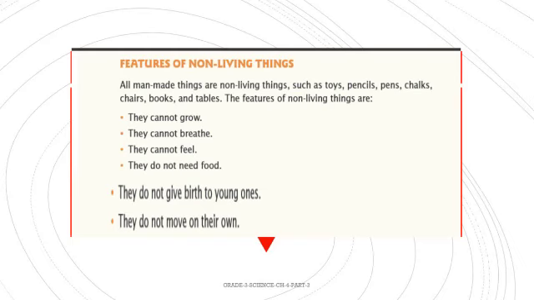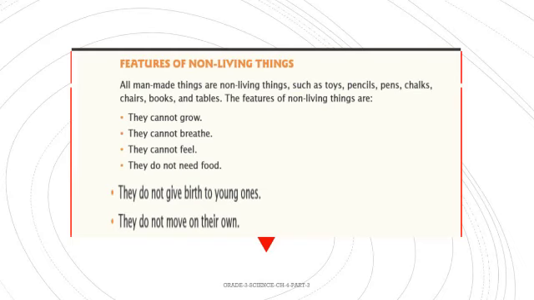You play with the toys. All these toys are non-living things. Then the pencil with which you are writing, the pens, the chalks, chairs, tables, books. All these things we see around us are non-living things which are made by men.